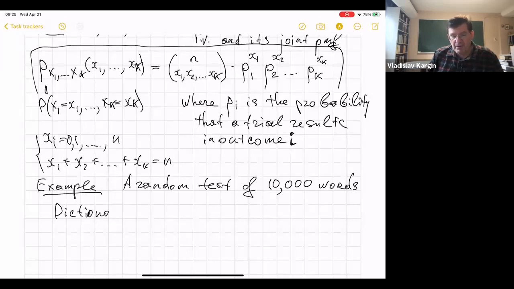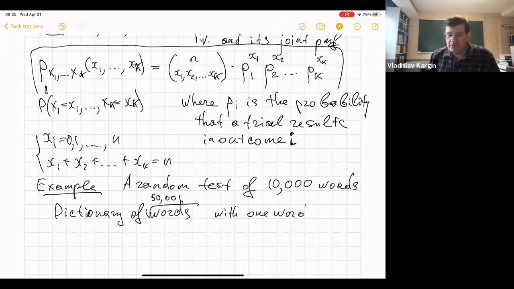Dictionary of words. And maybe you specify how many of them, so maybe 50,000, and say one more word, which is reserved to indicate that something you found in a text is not really in the dictionary.